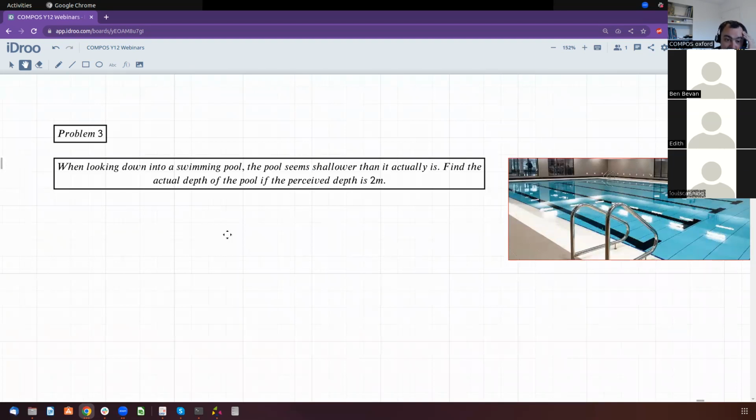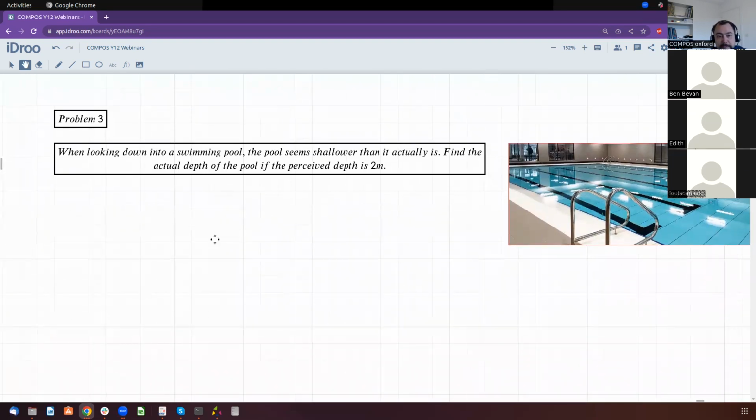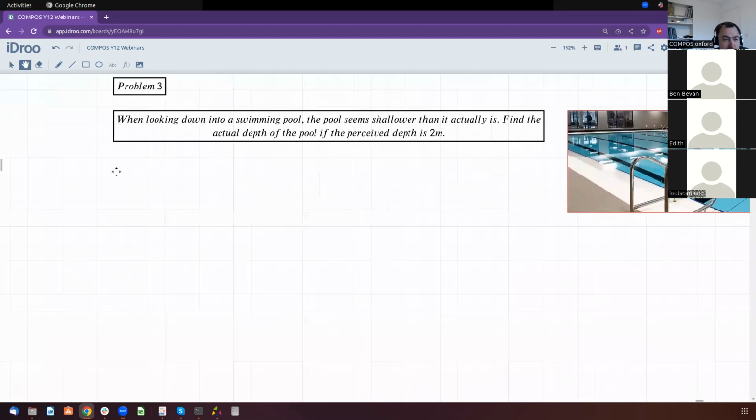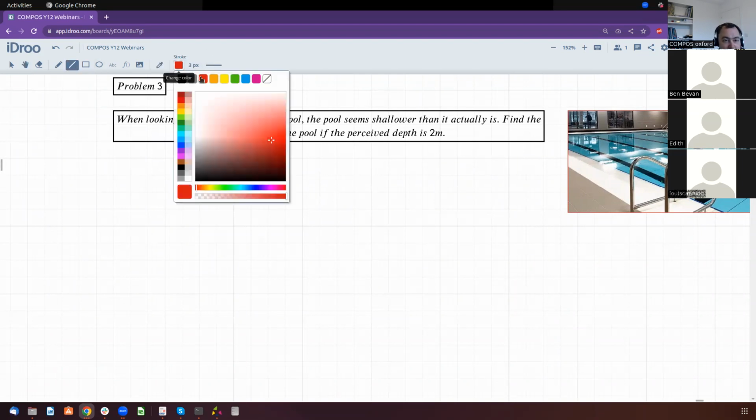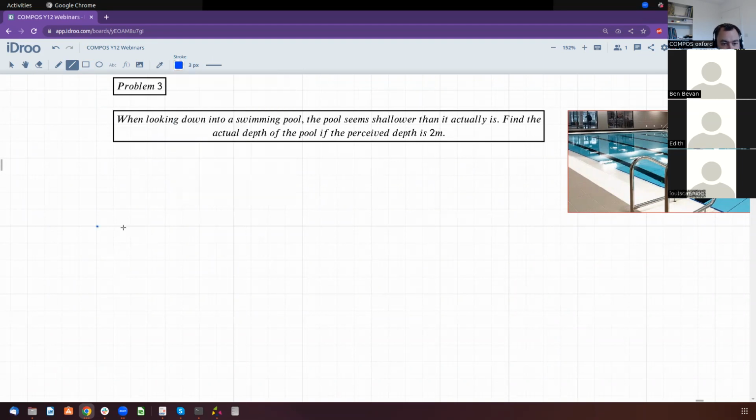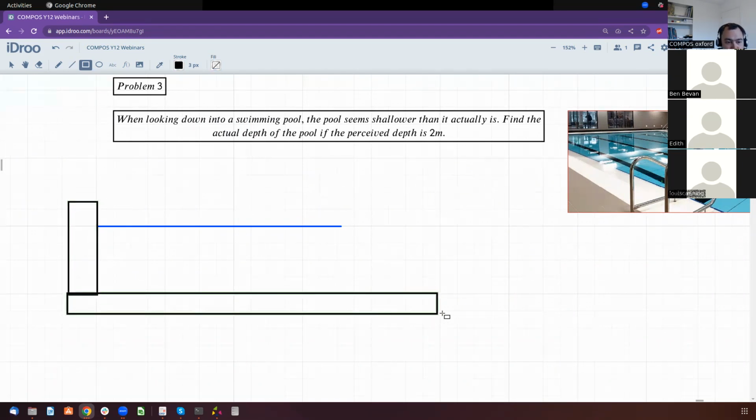Okay, find the actual depth of the pool if the perceived depth is 2 meters. So we'll need a diagram. Whenever you have a question on refraction, the first thing you do is a diagram. So you have the edge of the swimming pool, and this is the bottom of the pool.